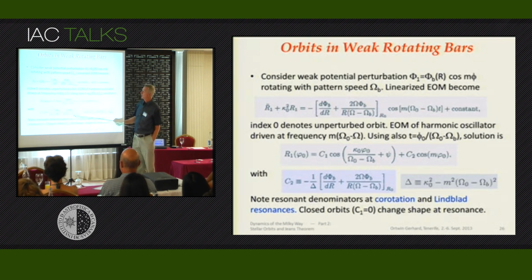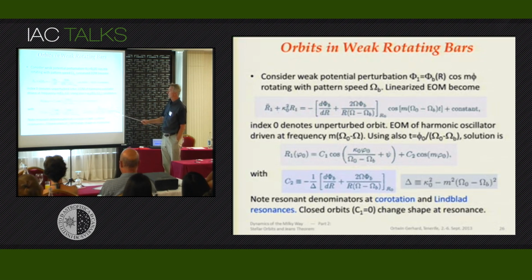And then there are these perturbations of this closed orbits that are given by this first term. So that's the first thing. And the second thing to notice is that these equations have so-called resonant denominators. One is at the point where omega equals the pattern speed of the perturbation. So that's the co-rotation radius again.